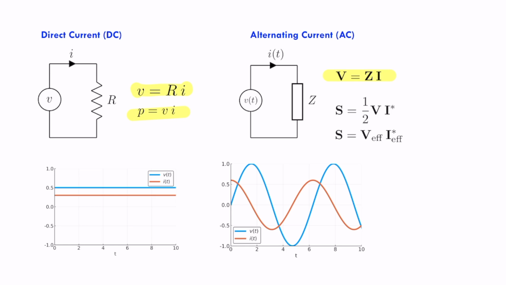In AC, we have something a bit different: this complex power, which is defined as 1/2 times V times I conjugate. Equivalently, we can say this complex power is equal to the effective voltage phasor times the conjugate of the effective current phasor. And those are actually pretty similar.